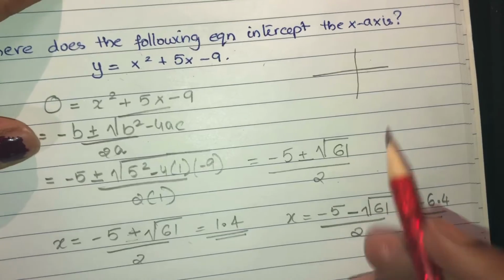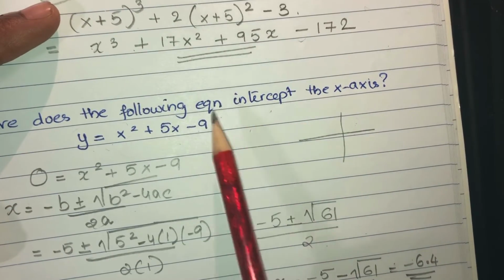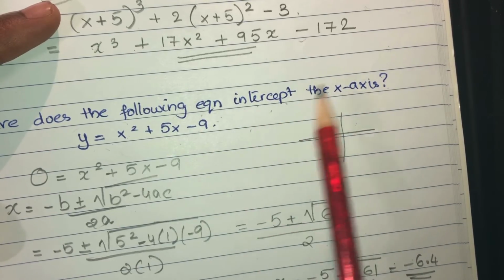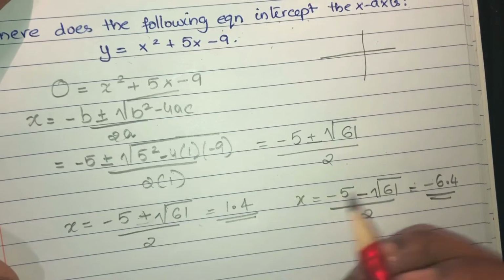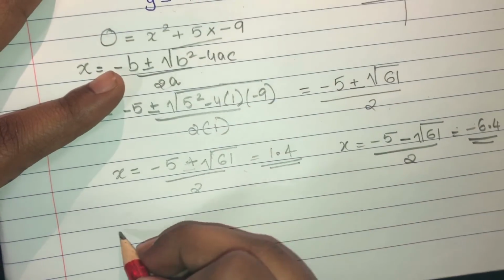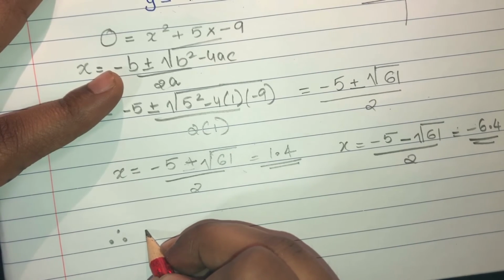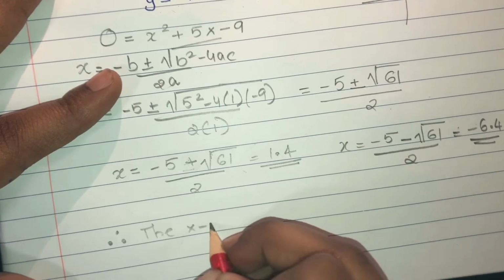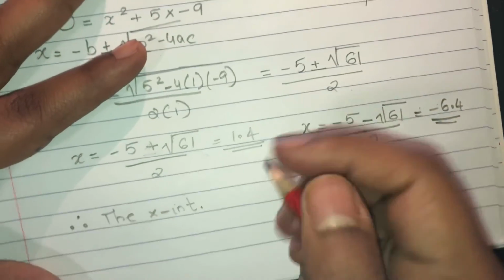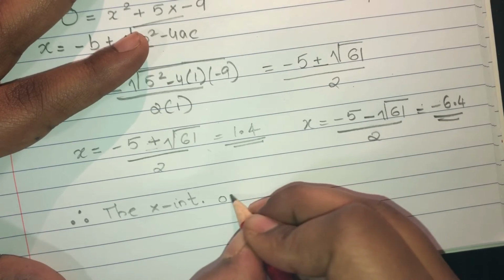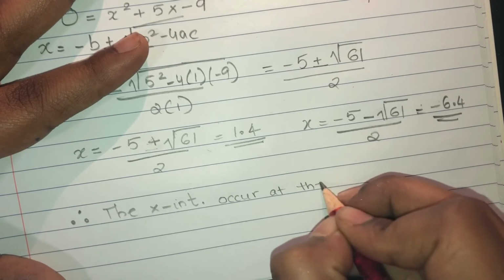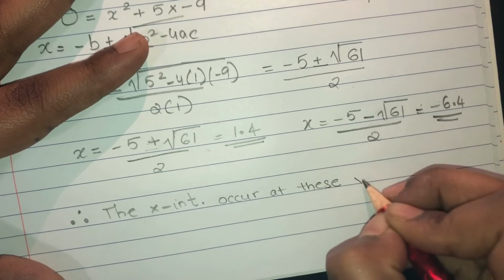So the question is asking where the equation intercepts the x-axis. For the intercepts, we have to find the two coordinates. So we write, therefore, the x-intercepts occur at these x values.